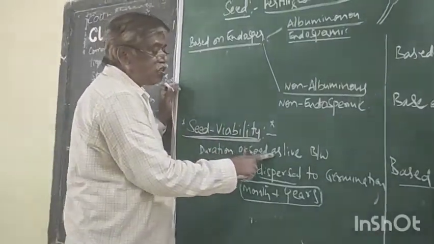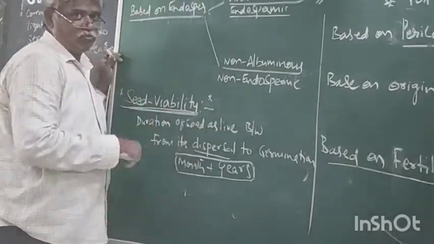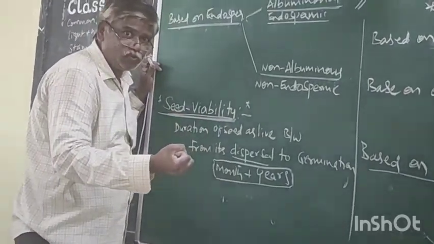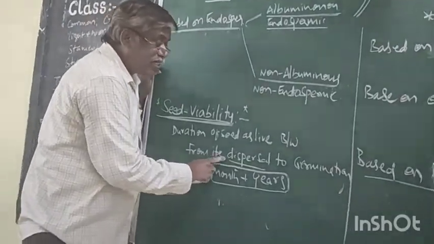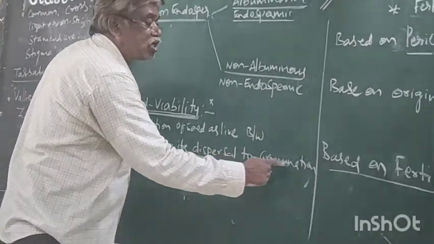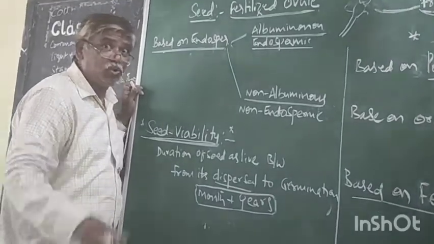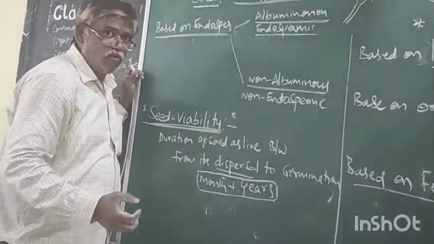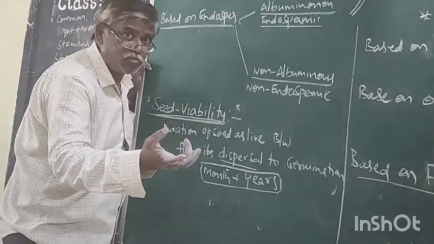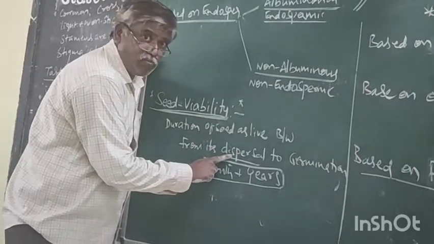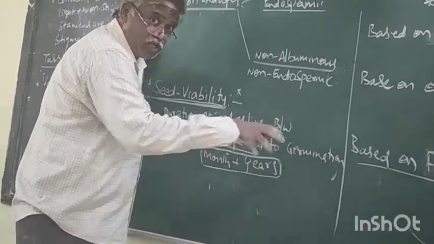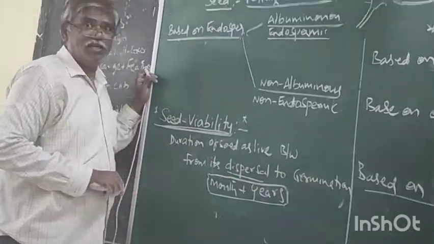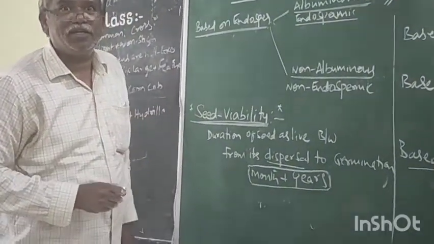The duration of the seed as a line between its dispersal and germination. From which time to which time? The time from dispersal to the time of germination. This duration is called seed viability.